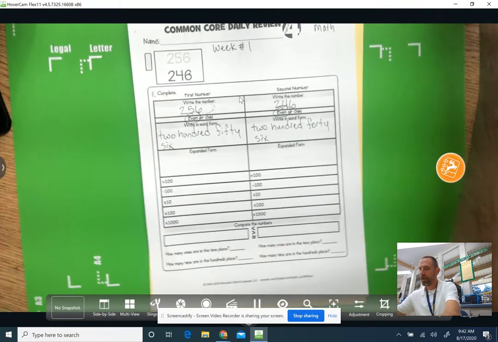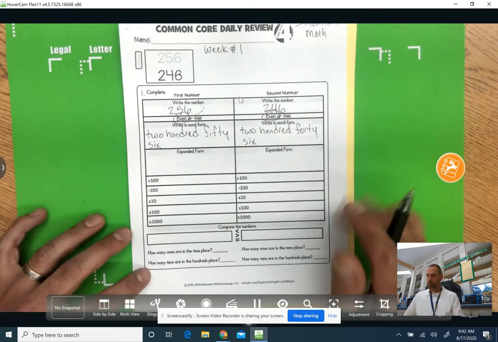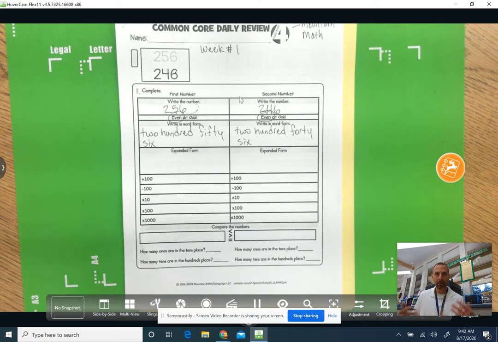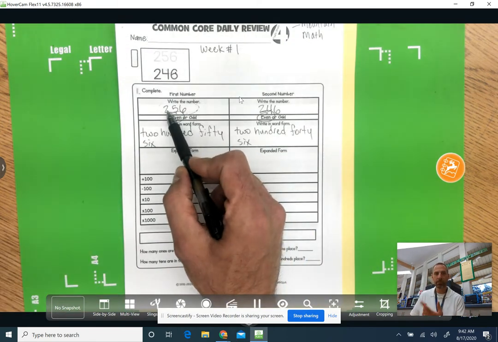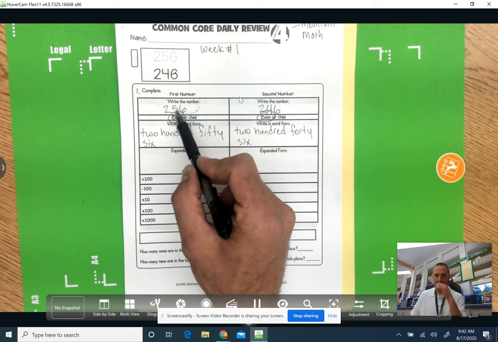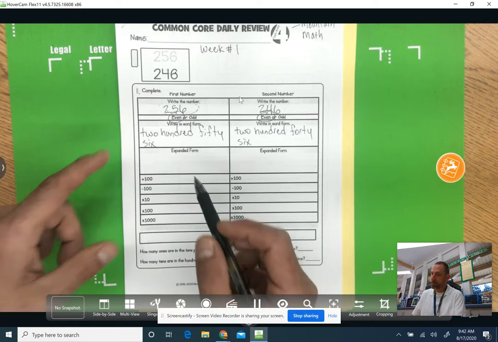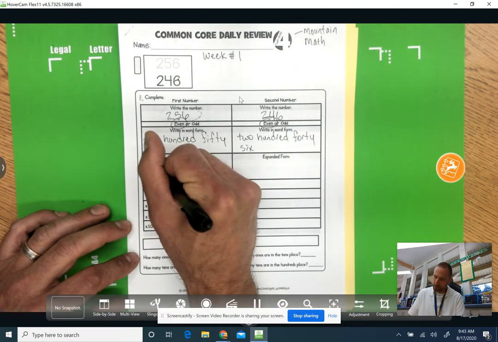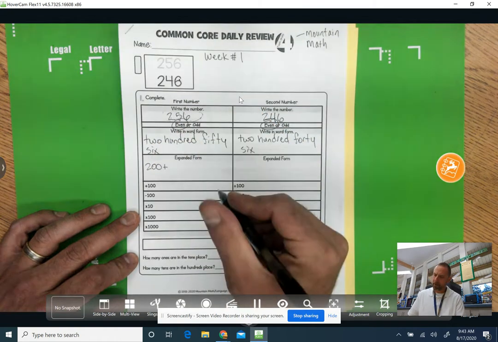What we will do next is put each number into expanded form. And when we put each number into expanded form, we are going to take the value of each one of these digits. What is the value of the 2? What's the value of the 5? What's the value of the 6? And when we take those values, we have a 2 that's in the hundreds place. The value is 200. We have plus the value of the 5.